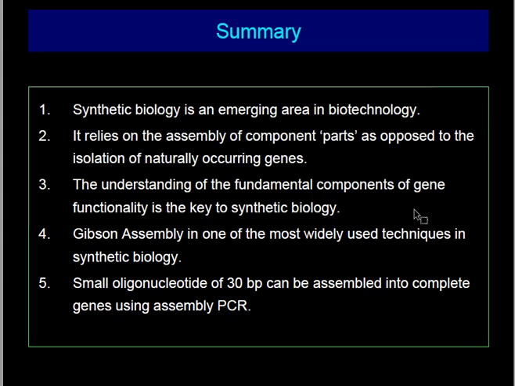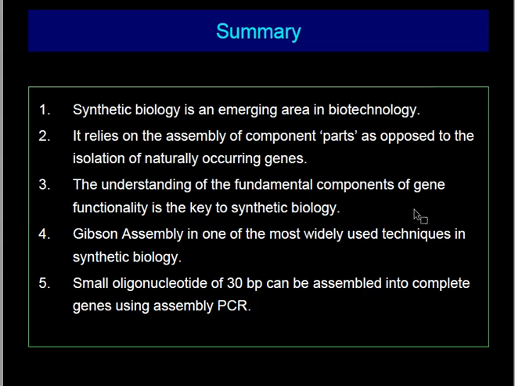So in order to evolve into a synthetic biologist yourself, you have to understand the role of promoters, regulatory elements, terminators, genes, the different components of a protein, and the different terminal ends of a protein. So these are things which you must understand in order to develop a career or a profession as a synthetic biologist.